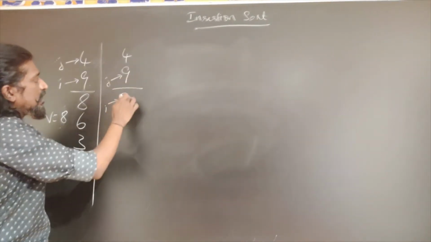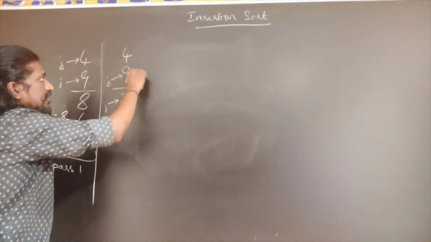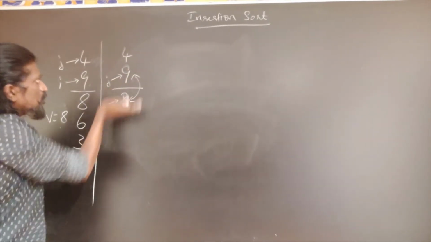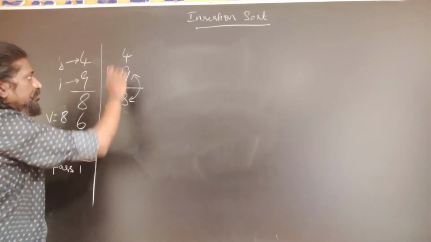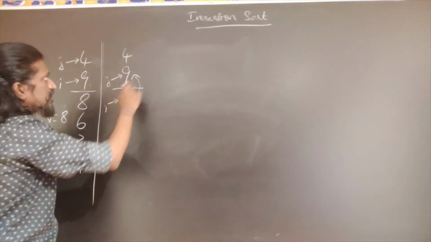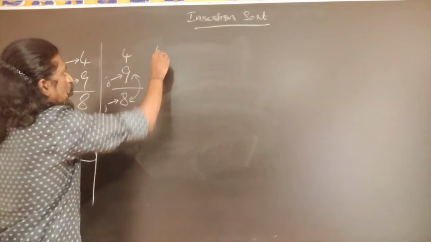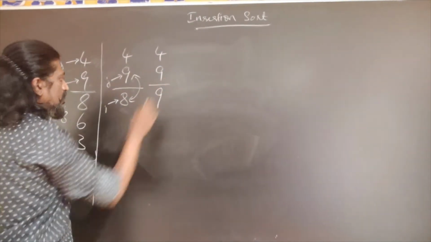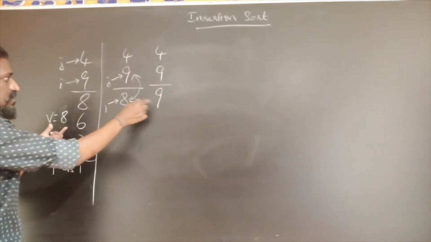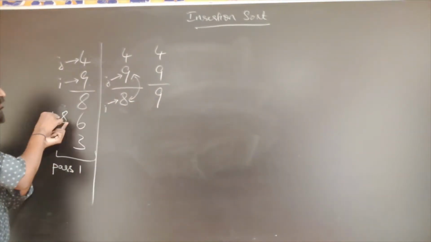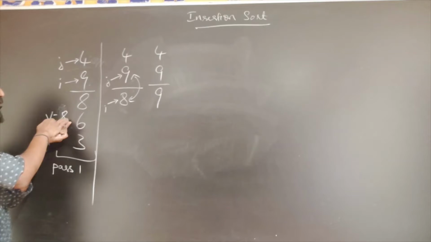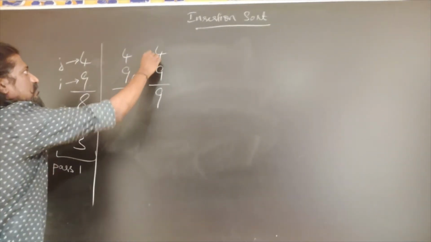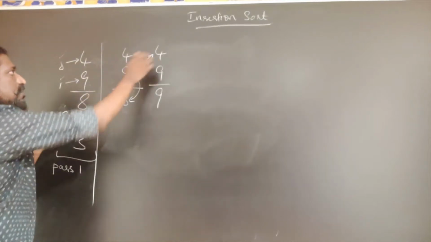Since these elements may come down, we will copy it to b, which is 8. When we compare 8 and 9, we find that 8 is smaller than 9, which prompts us that 8 needs to be moved above 9. So what we do is we bring down 9, like I told earlier: 4, 9, 9. Now since this is overwritten, we have copied it to some temporary variable 8, and we compare this 8 with the next element. j will be decremented, so we'll compare with the next element.